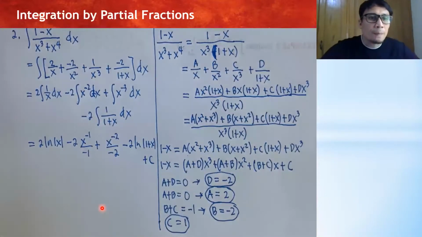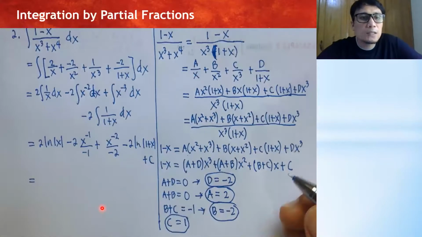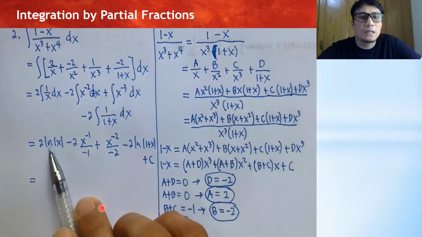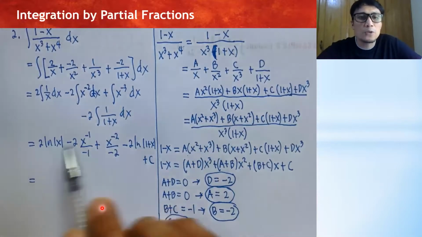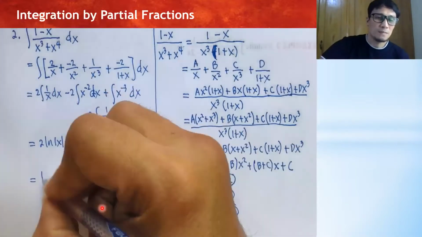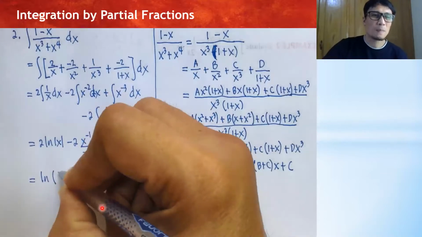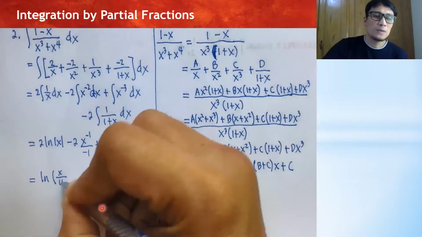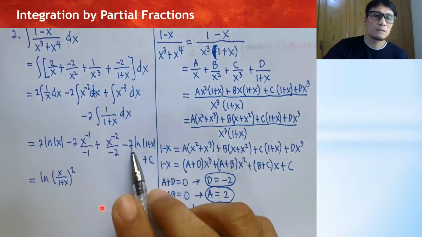Then it's actually better to combine 2 ln of x and negative 2 ln of 1 plus x, because they have the same coefficient. The coefficients are whole numbers, so we can write that as ln of the absolute value of x over 1 plus x. We can remove the absolute value because this is squared.